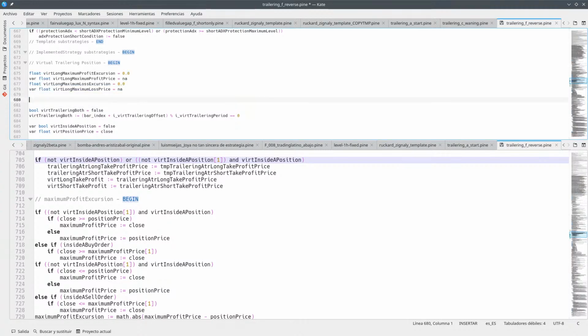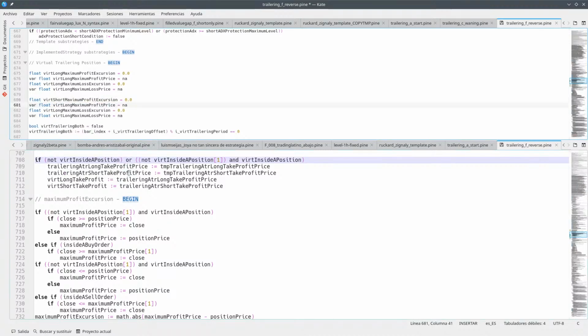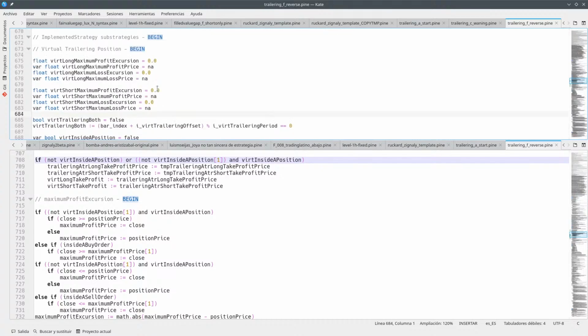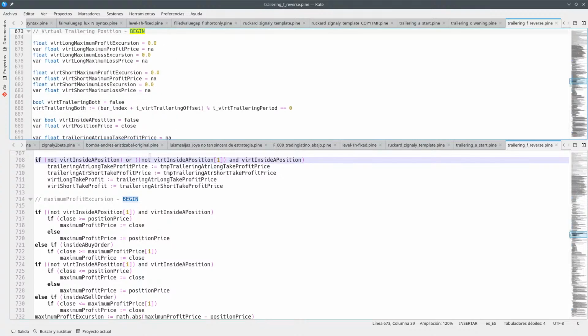Okay. So this is short. Short. Short. Nice. Long, short, and so on.